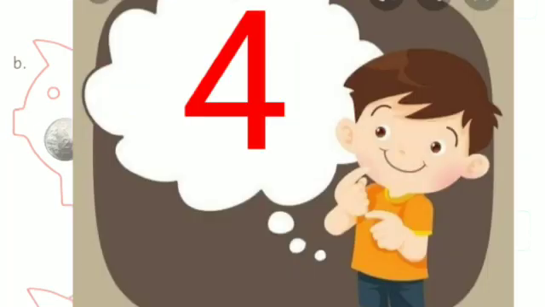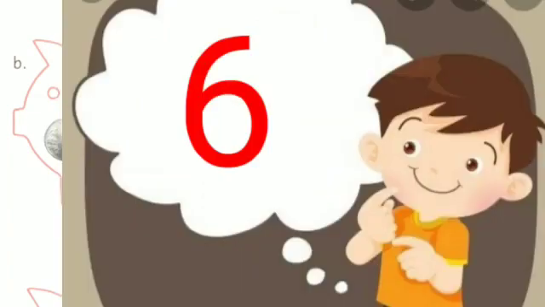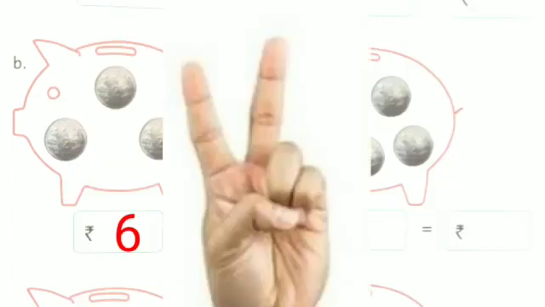Now keep rupee 4 in your mind and open 2 fingers and count after 4: 5 and 6. Now keep rupee 6 in your mind and open 2 fingers.